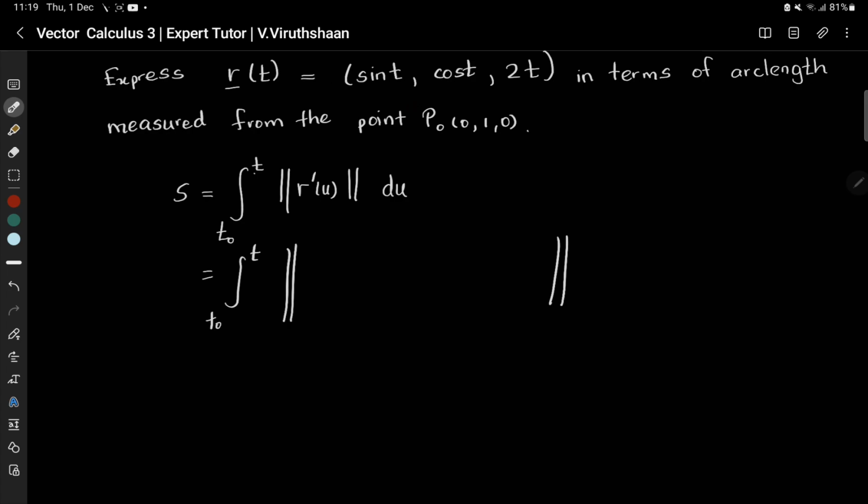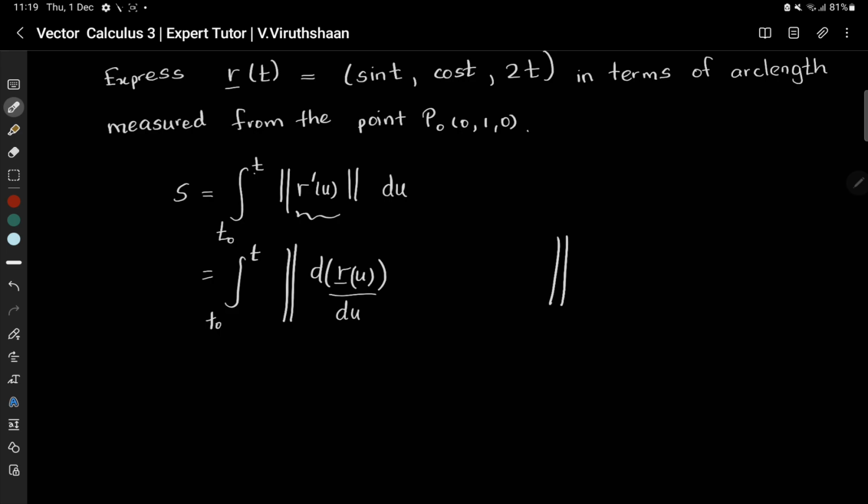If you use the u variable instead of t, you get the r vector of u, and we differentiate it with respect to u to get the value of r dash u.